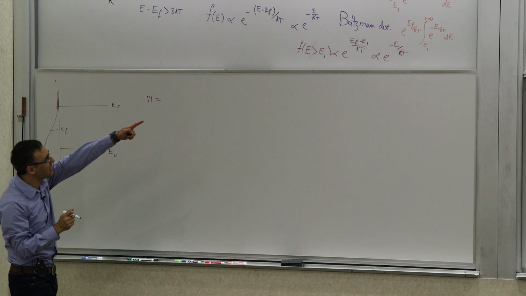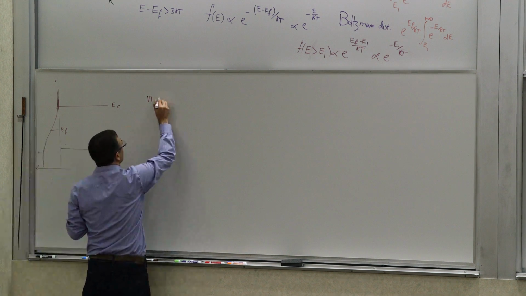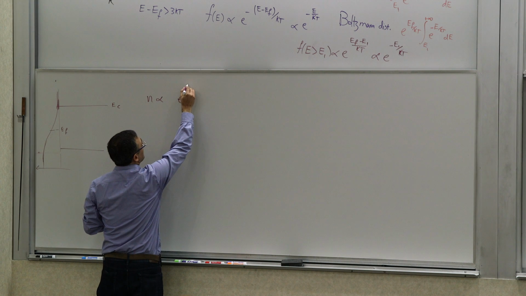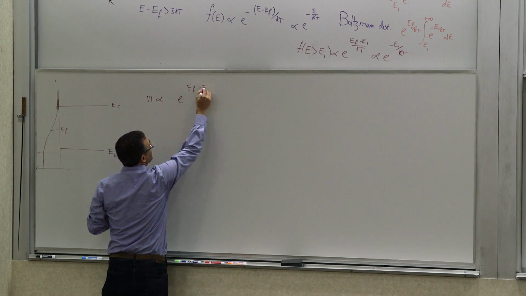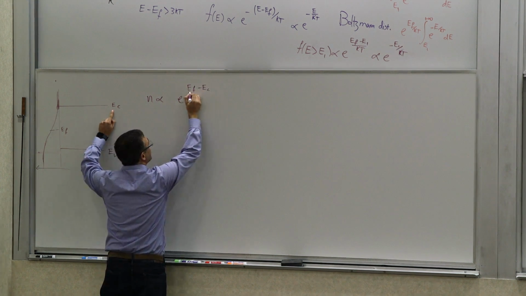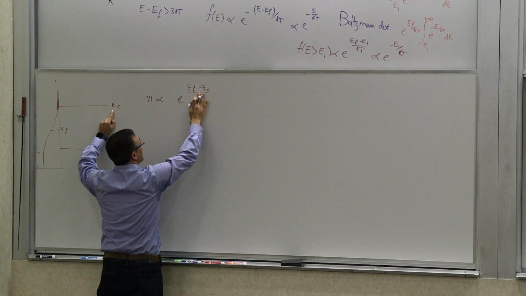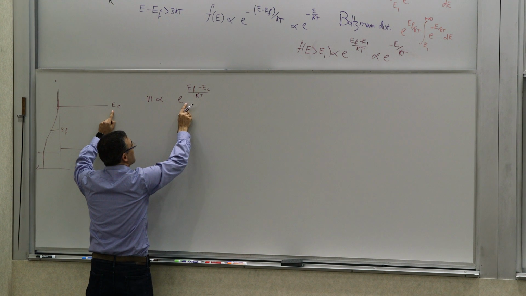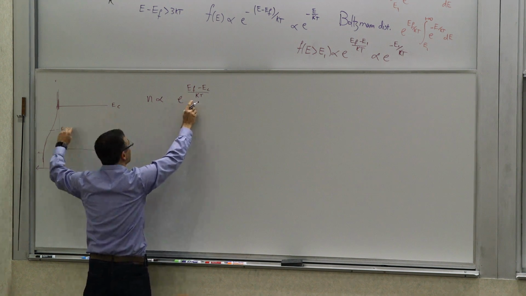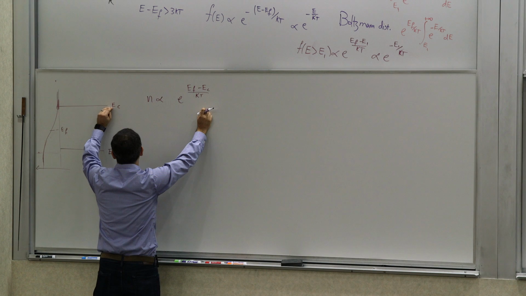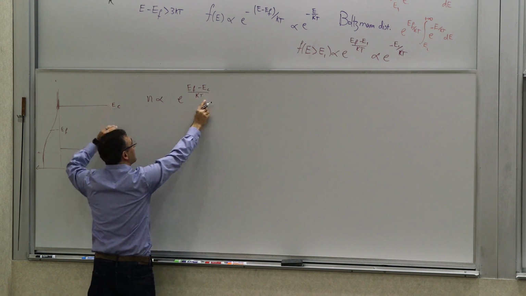According to that equation, this is going to be proportional to e to the (EF minus E1), in this case EC, over KT. So the number of free electrons is going to be proportional to e to the (EF, the Fermi energy, minus EC, the energy of the edge of the conduction band) divided by KT.